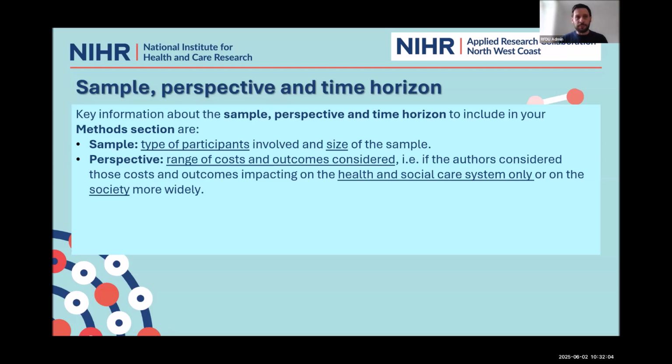Okay, so for example, the cost for medication which is going to be paid by the healthcare system, the outcomes which arise only in a healthcare system particularly. There might be other economic evaluations which consider, for example, patient cost as well. Okay, so whether there are any out-of-pocket expenses that the patients have to incur as part of receiving interventions, any outcomes as well that might impact on the caregivers, like whether they need to take time off work, whether the family or the patients have to employ a carer as a result of receiving intervention, for example.